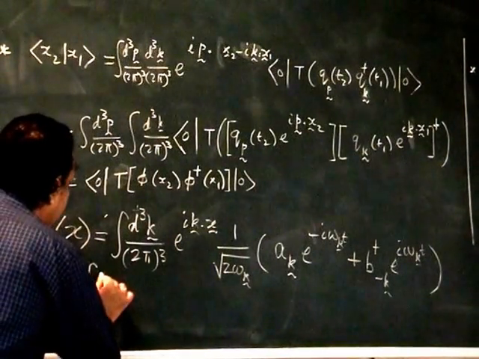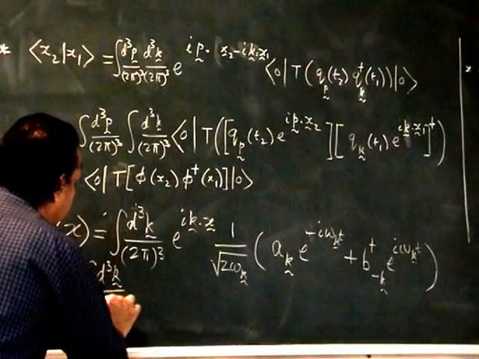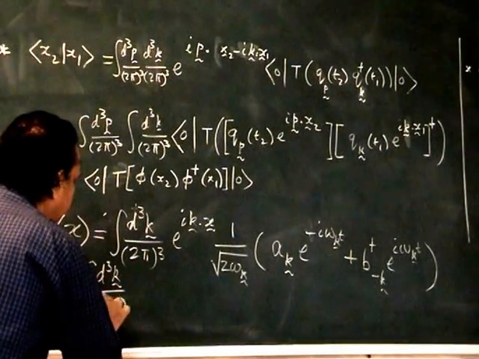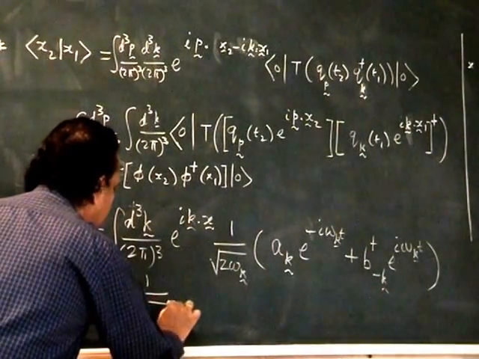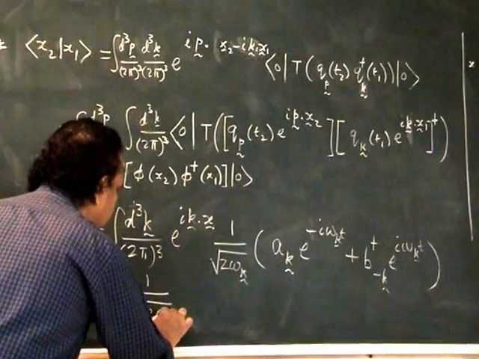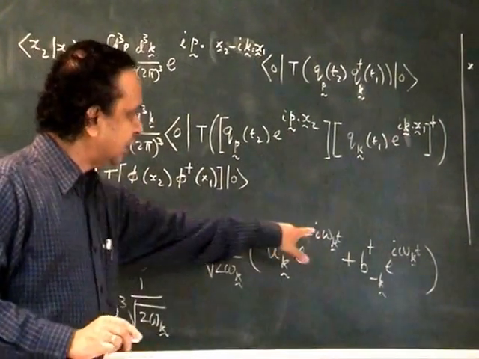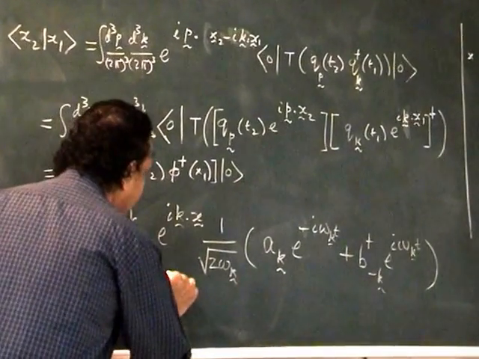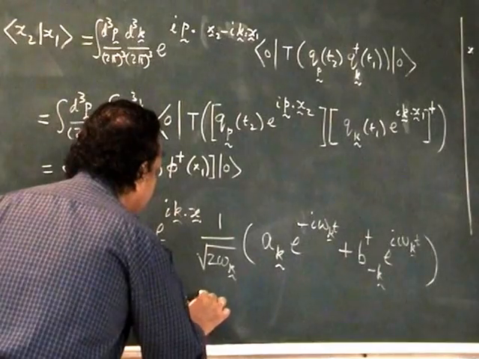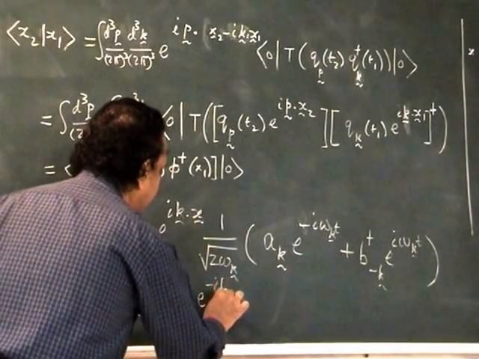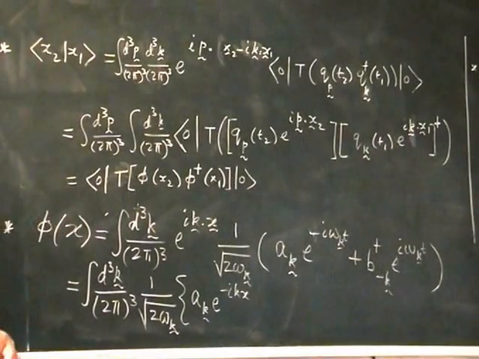So you get the integral d3k upon (2π)^3, 1 over root 2ω_k. This is nice, k·x and a minus iωt. So I can write that quantity as a_k e^{-ikx}. Now standard notation.